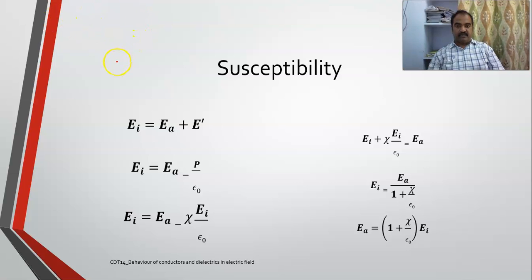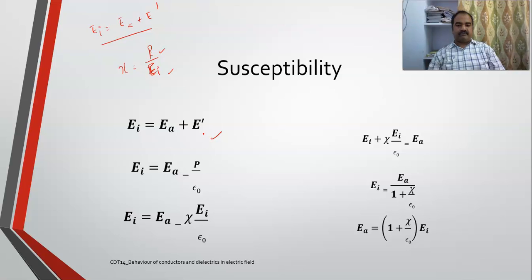Okay, so coming to susceptibility, we have already defined it as P by epsilon naught EI, the ratio of polarization to the internal field intensity. And internal field intensity, we already know that it is EA plus E dash. So this is the equation.